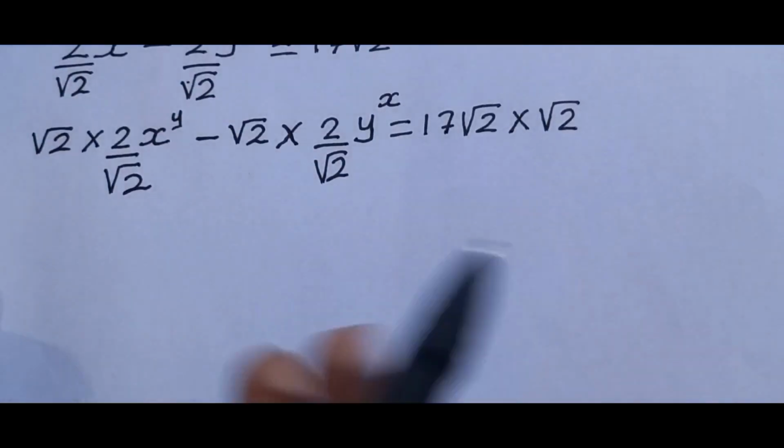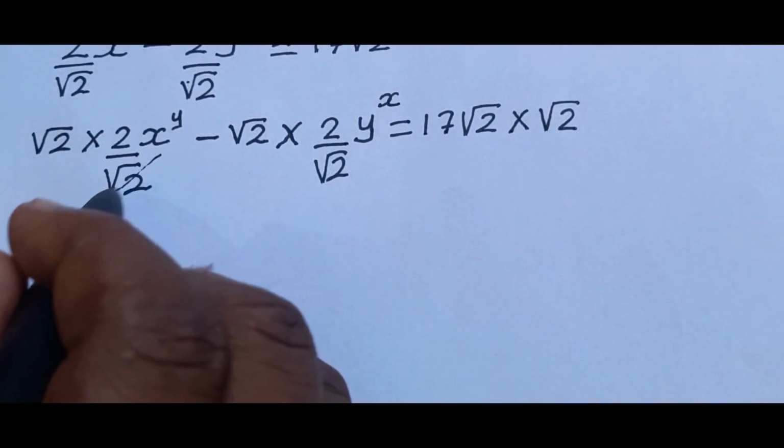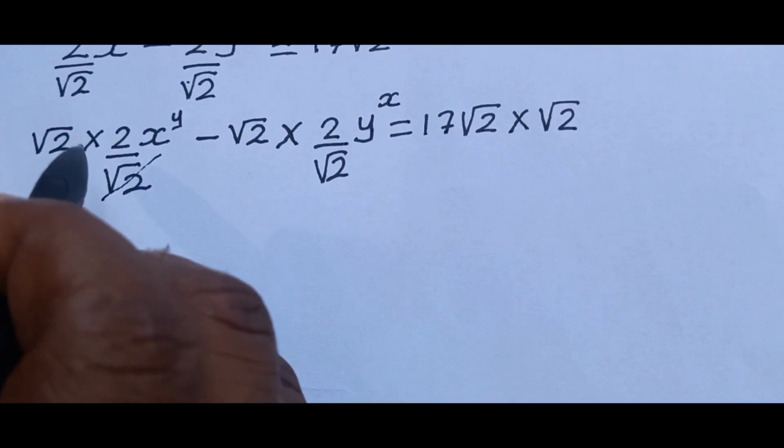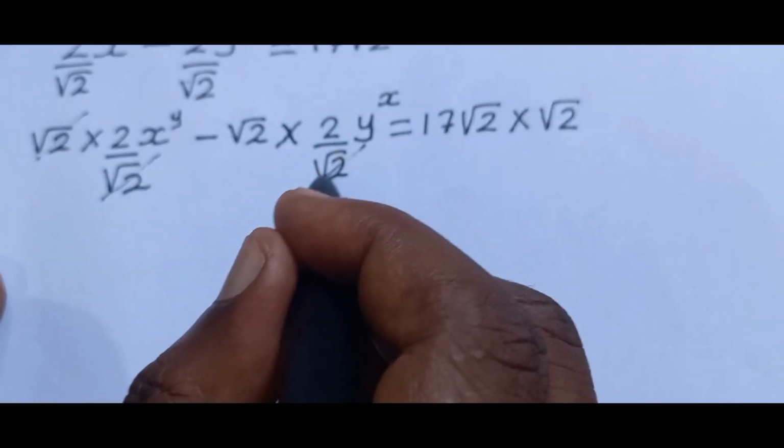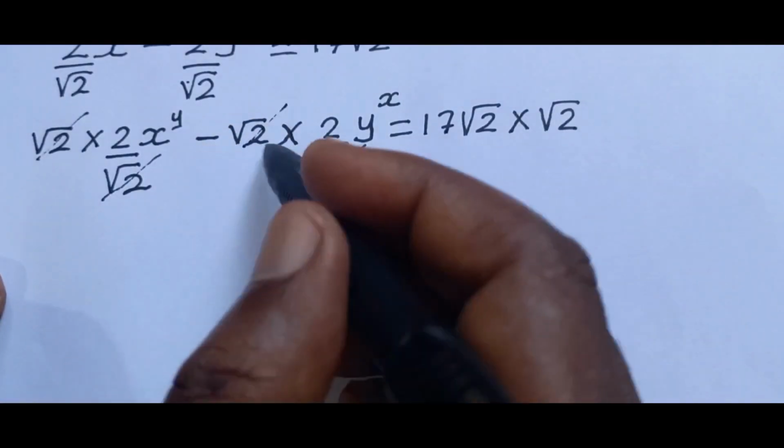We find that this radical 2 cancels with this radical 2. Again, this radical 2 cancels with this radical 2.